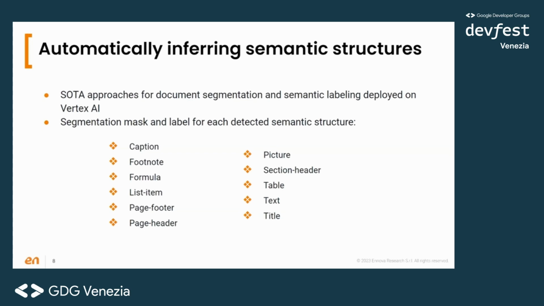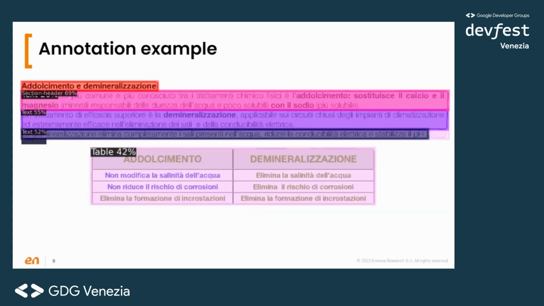As I said, for example, these are some semantic labels: the picture, a table, the heading of a section. Knowing the specific label is essential to understand the text, where it goes, what it means, and which context a single block of text has. This is an example of what you can get with a state-of-the-art document segmentation model. You see there is the text and a bounding box surrounding each element.